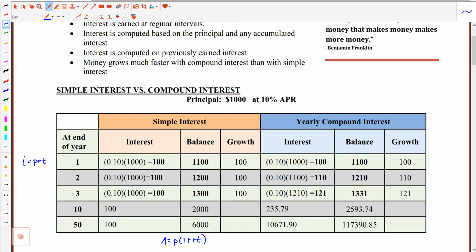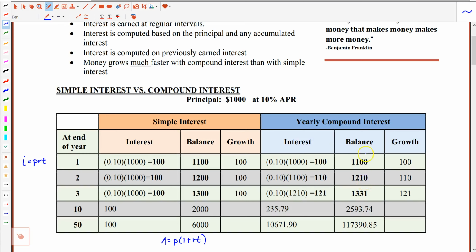But here's where things are going to start getting interesting. At the end of the second year, you're going to earn 10% on $1,100, because that is what the current balance in the account is. At this point in time, you would now earn $110 in interest, and the overall balance in the account is $1,210.